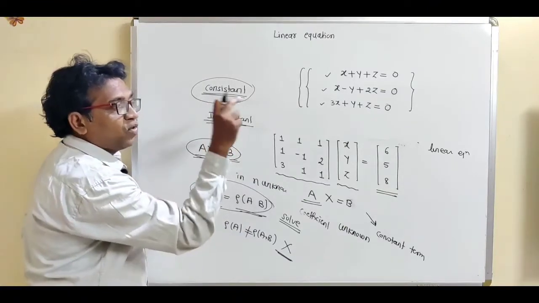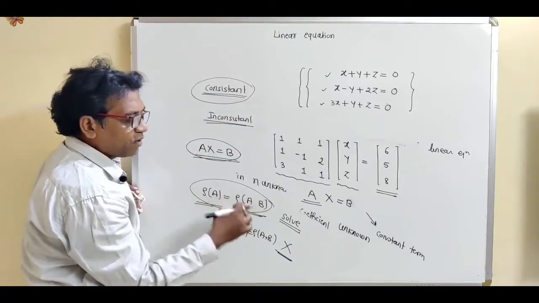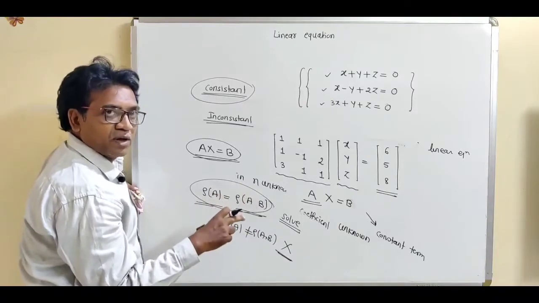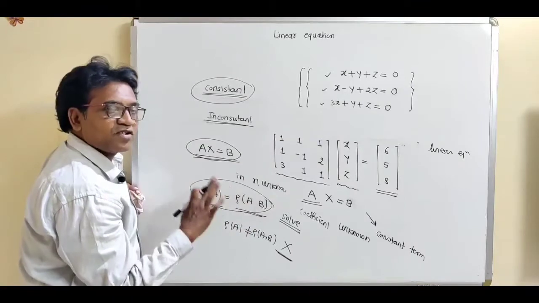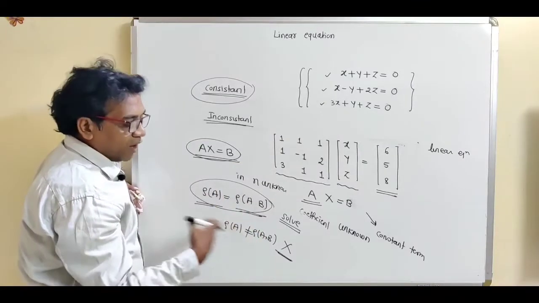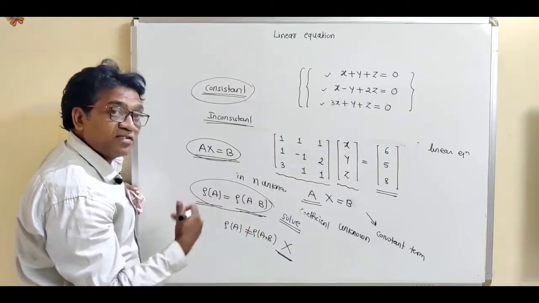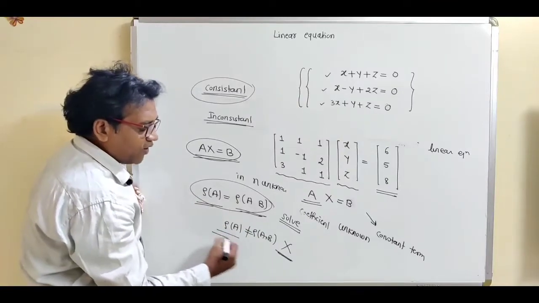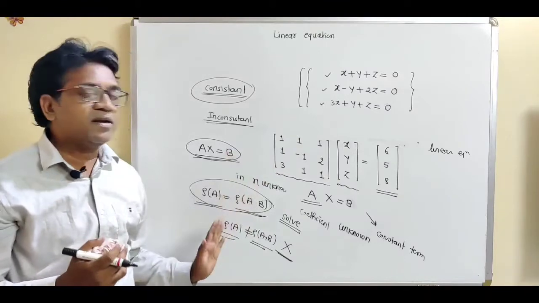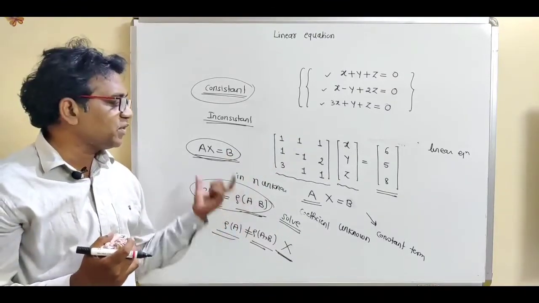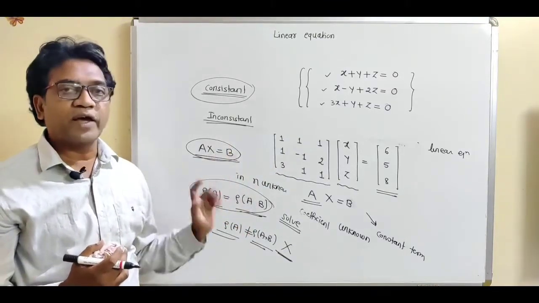So the solution of a linear equation depends upon the consistency of the equation. If it is consistent, then and only then we can solve the system. If rank of A is not equal to rank of AB, the equation is said to be inconsistent. Inconsistent means we cannot solve that type of equation.